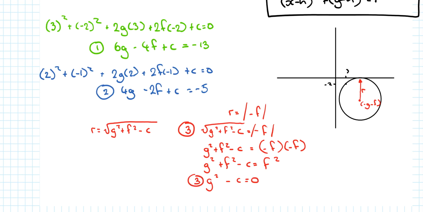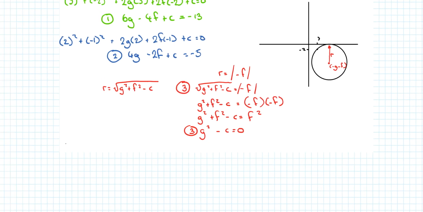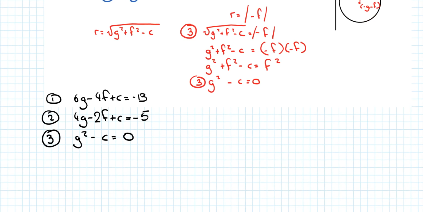So it's really useful to write down all 3 equations now that we have: 1, 2, and 3. Okay, so I have 3 equations with 3 unknowns.